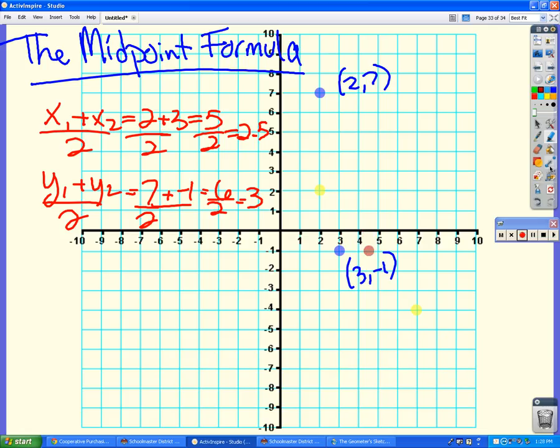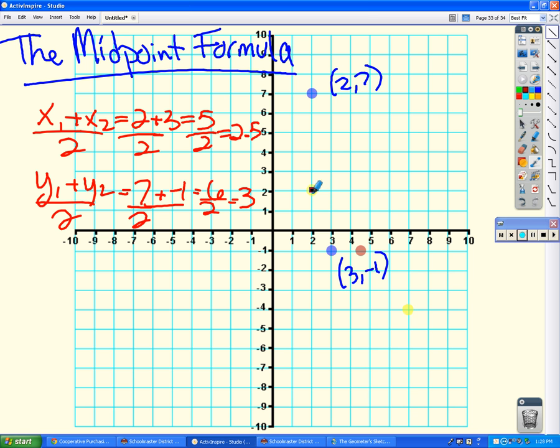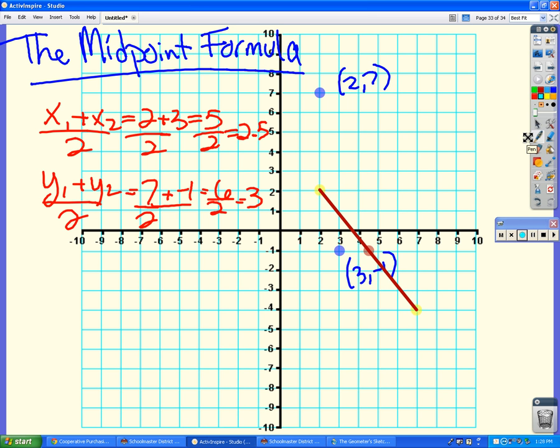Okay, so if I draw a little segment there, does that look like it's right in the middle? Yeah? Okay, and you can kind of check that informally. I have to go over 2.5 that way, and then up 3. And then I have to go over 2.5 this way, and then up 3. So it looks like it's right in the middle, so we have solved all the world's problems. Okay? Most.